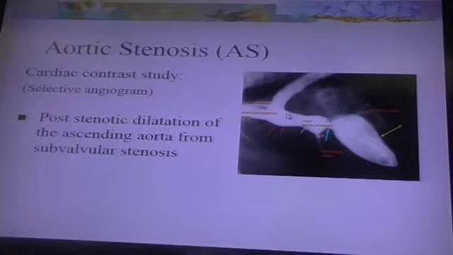And if you get a measurement from here to where the dilatation is, it's probably larger than across the valve. That's how we diagnose it. But with this one, subjectively, you can see that it's a post-stenotic dilatation. Okay, so that's an example of aortic stenosis.